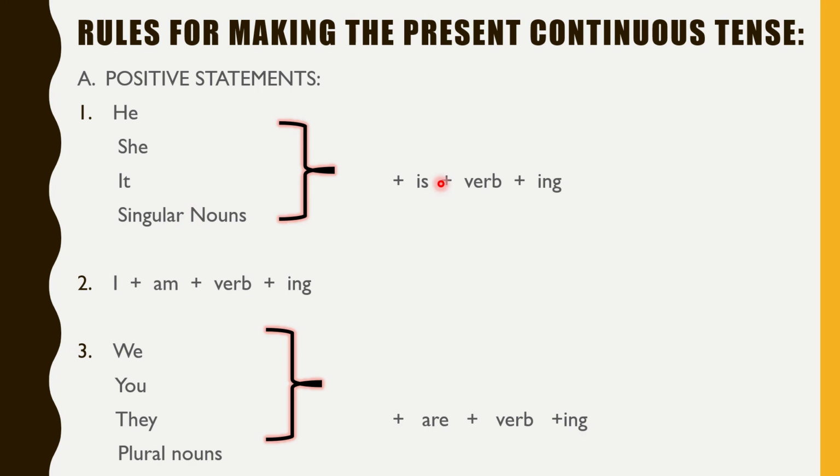So to all of these, we can add an is plus a verb plus an ing. But when it comes to the singular noun I, then we do not write is. We write am plus a verb, that is an action word, plus an ing. Similarly, when we have plural nouns, we, you, or they, then to them we add are plus a verb plus ing. The next slide will make it more clear.